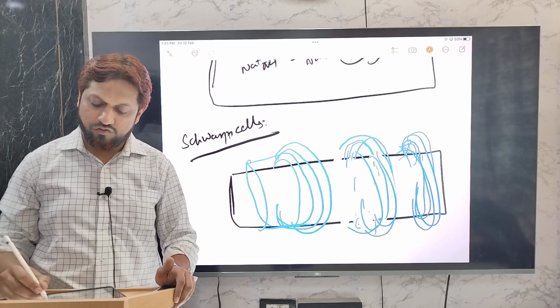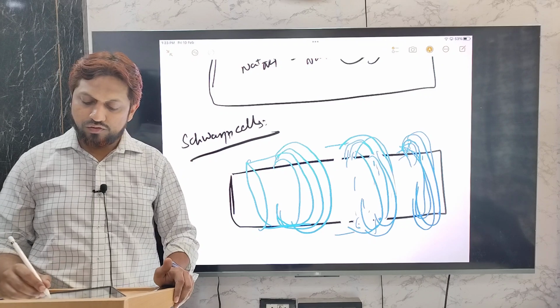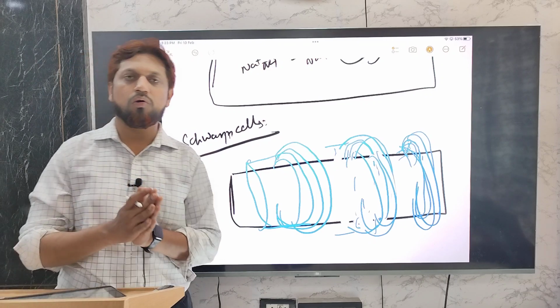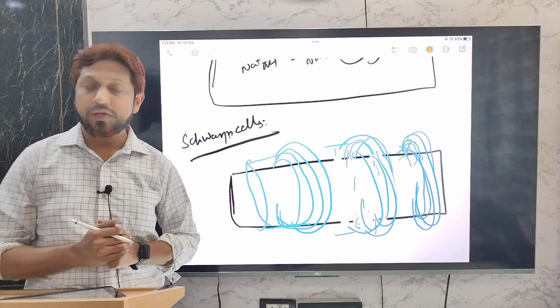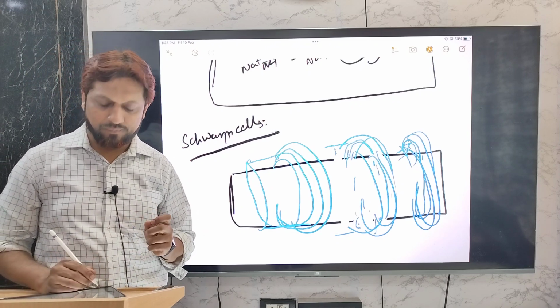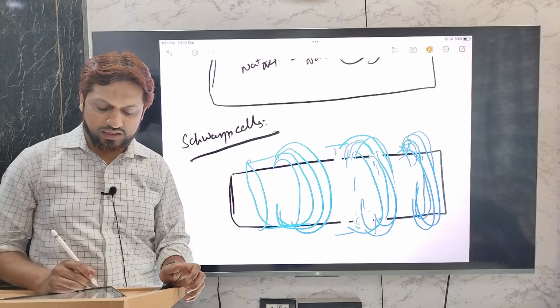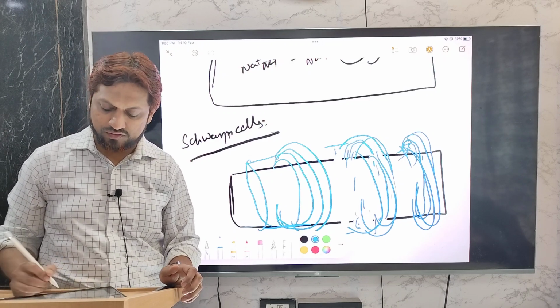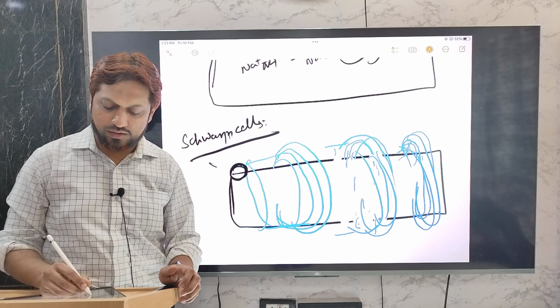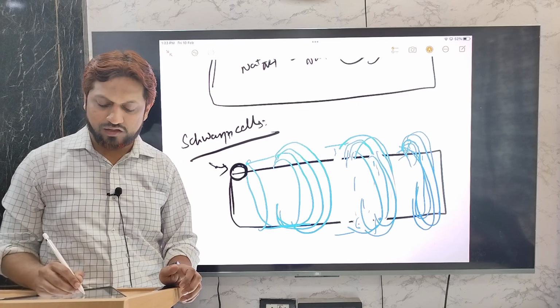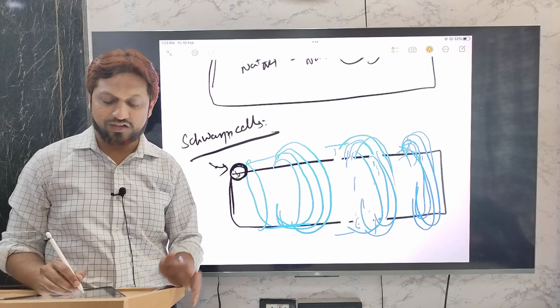Basically the cell membranes are lipid structures, sphingomyelins and others will be there, and they are electrically insulating materials, that is, they are lipid in nature.